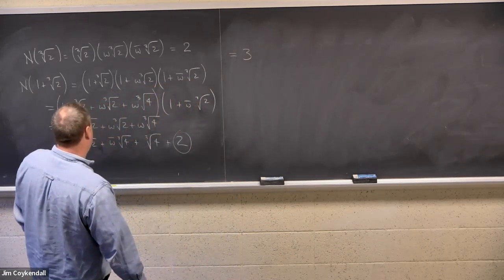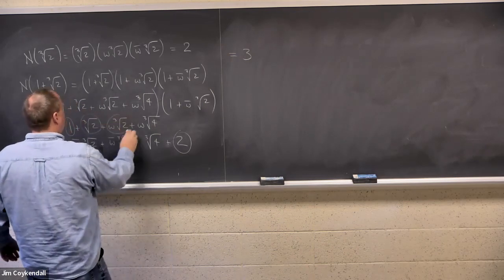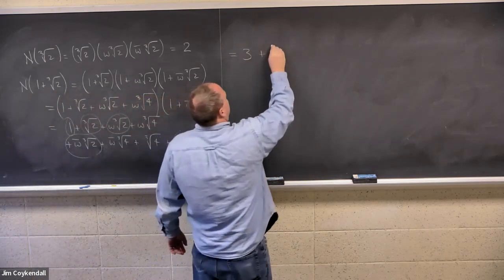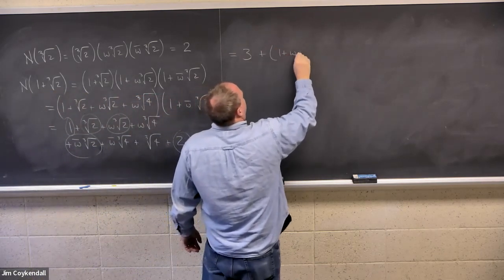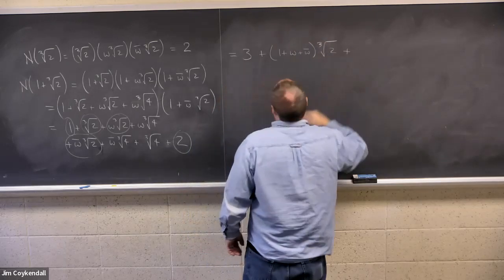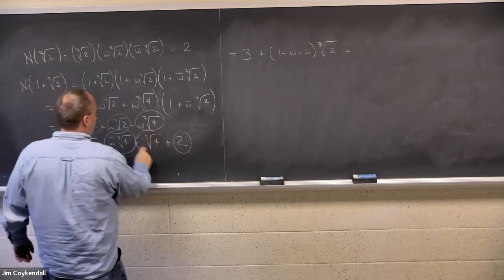And let's see, where's my cube root of 2 garbage? So notice I've got these three things that are cube root of 2 companions. So I get one, that's the omega bar cube root of 2. And then I get these companions, cube root of 4.